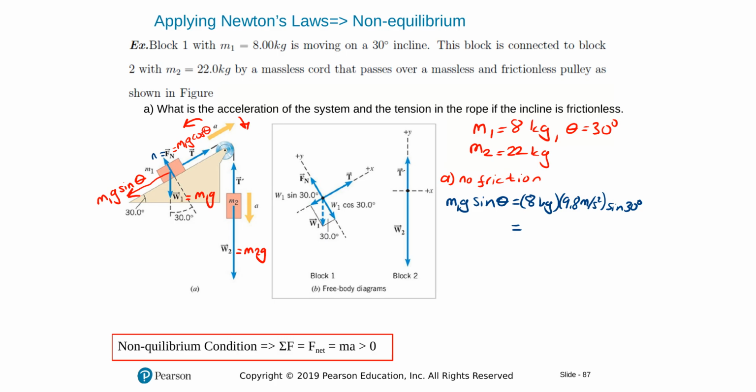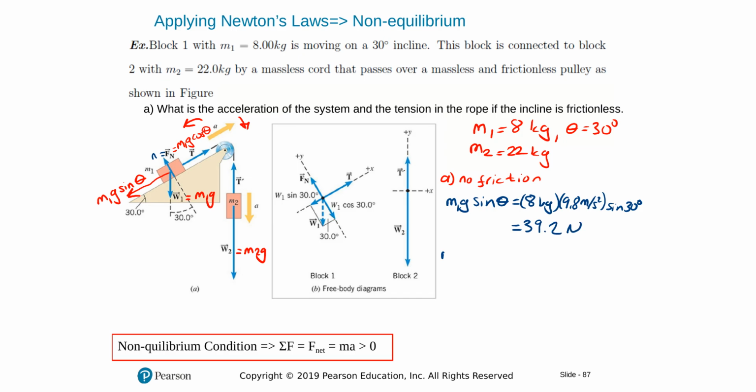Okay, I didn't do that before. Let me quickly do that. So 8 times 9.8 times sine 30 is 39.2. So that's 39.2 Newtons.